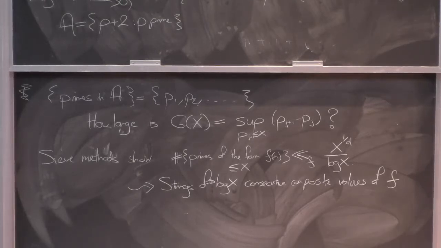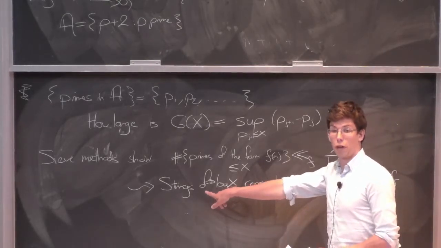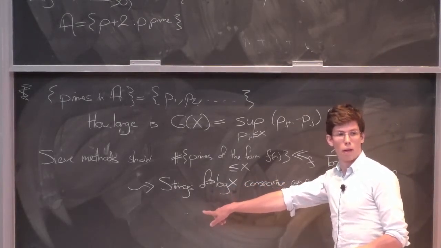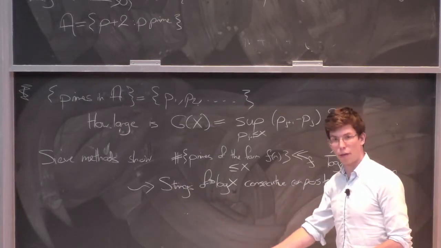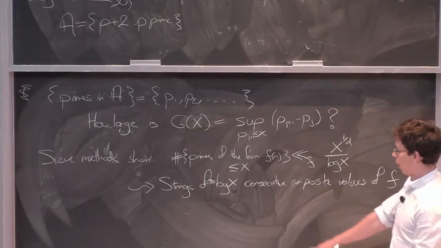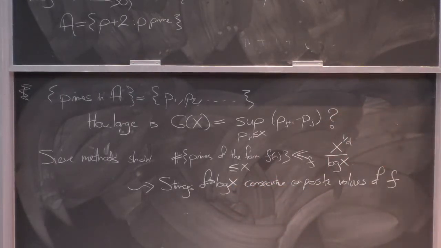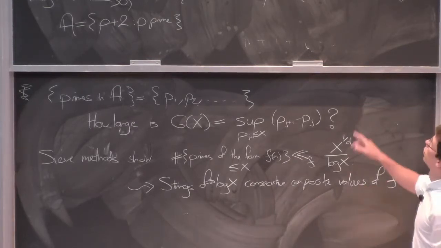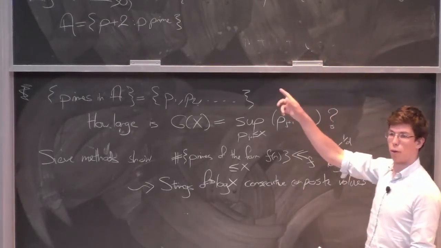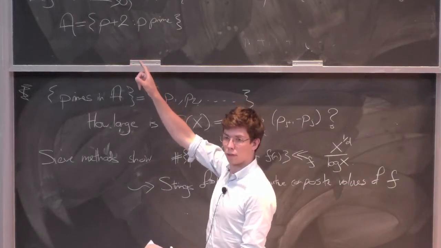But this and its subsequent improvements by Erdős and Rankin all relied on a certain trick to do with smooth numbers that was somehow fundamental to the method, and that's the only method I'm aware of in any case where you can prove more than about log x consecutive composite values. And somewhat disappointingly, this trick doesn't generalize to any of these more general situations, and so it seems quite specific to just the set of integers.